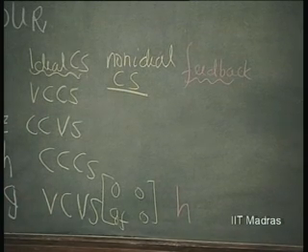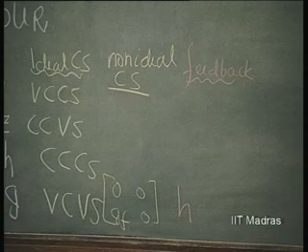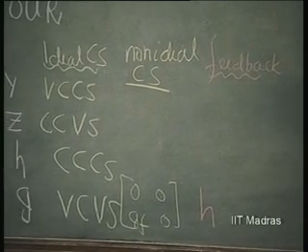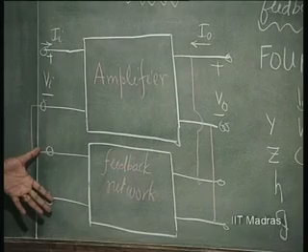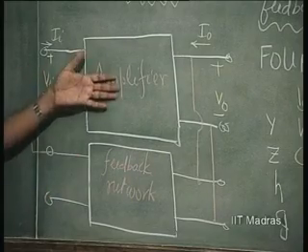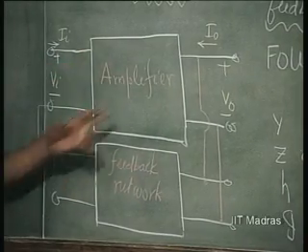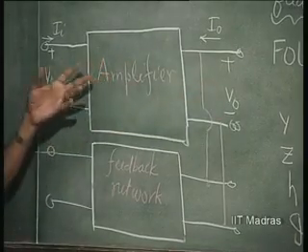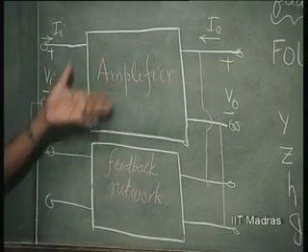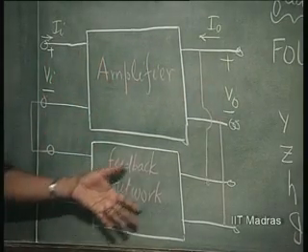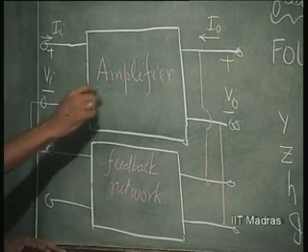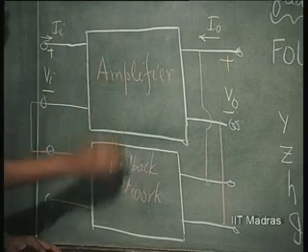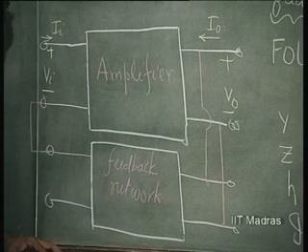Is this clear? Now, mathematically also it becomes clear. The H parameters add. Here, since the amplifier and the feedback network are in series at the input and shunt at the output, the H parameter of this will add with the H parameter of this. So, the composite H parameter of this structure is going to be the H parameter of this plus the H parameter of this.